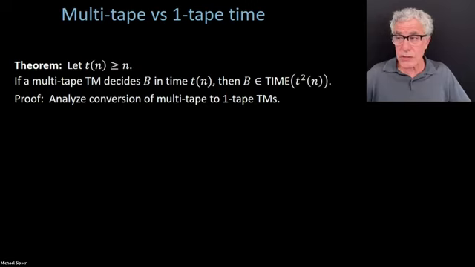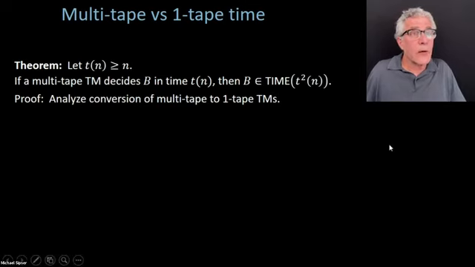We're going to be focusing in this course on things like the difference between polynomial and exponential, not the difference between n squared and n cubed. That's going to be less of an issue for us.